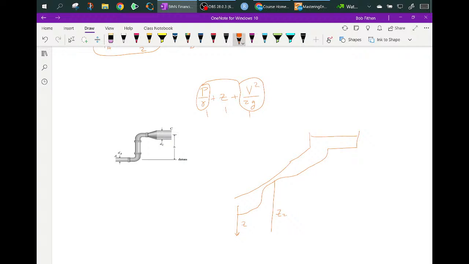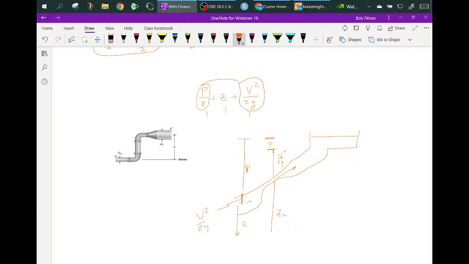But at this particular point, the velocity is pretty high. So what you would have here is a V squared over 2G, and the remaining would have to be the pressure. But if you're back here, say your elevation is moving slower, so you get this part being the V squared over 2G, and the pressure is much higher.